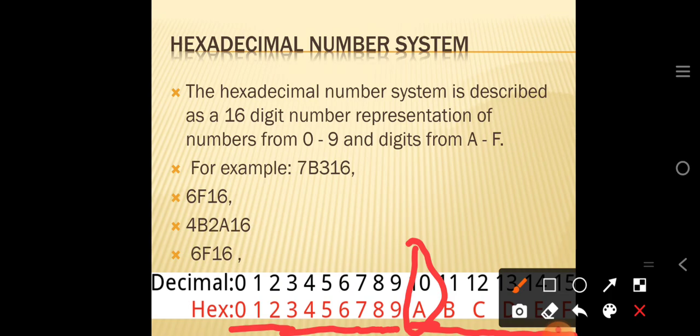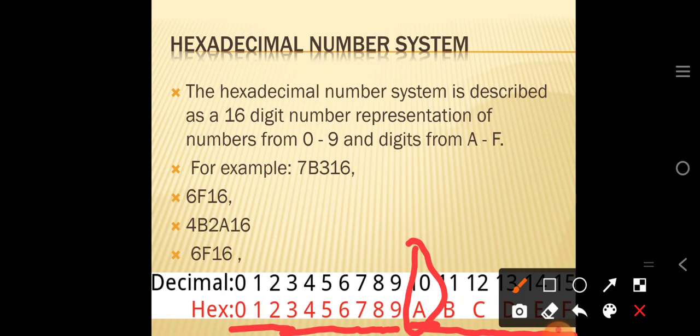Here some examples are given. First example of a hexadecimal number is 7B3 base 16. Any hexadecimal number can include the alphabets from A to F, and also 0 to 9. Second example is 6F base 16.